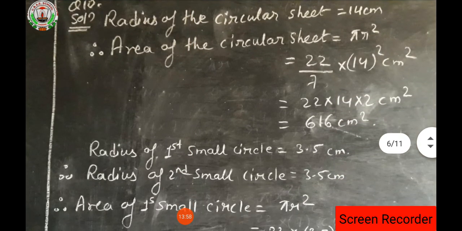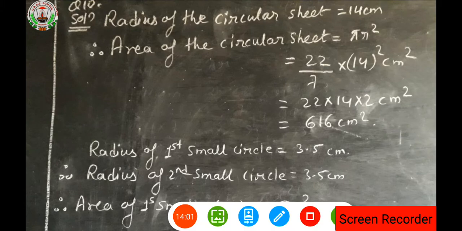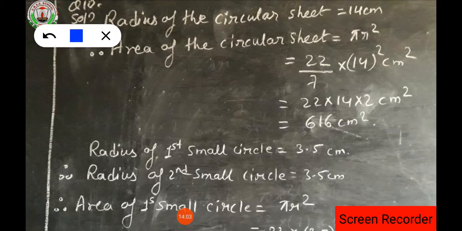Clear everyone? Now in question number 10, I have already explained what is given. A circular sheet is given whose radius is 14 centimeter. With the help of the radius, we can easily find the area. Area formula is pi r square. R value we have is 14, isn't it?